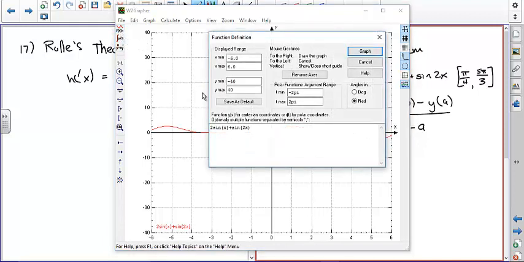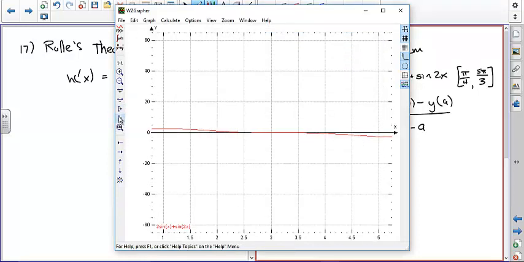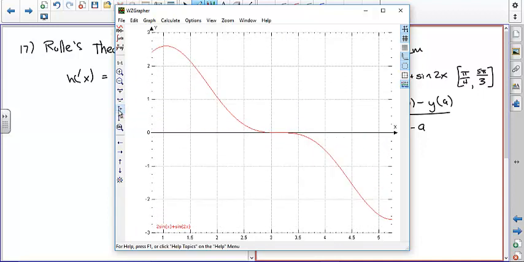Let's set the limits here. So it's going to be pi over 4 to 5 pi over 3. And then we'll zoom out a little bit here. Wrong way. Zoom in. Okay. So that's what the function looks like.